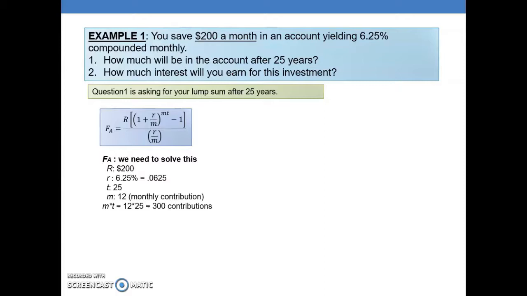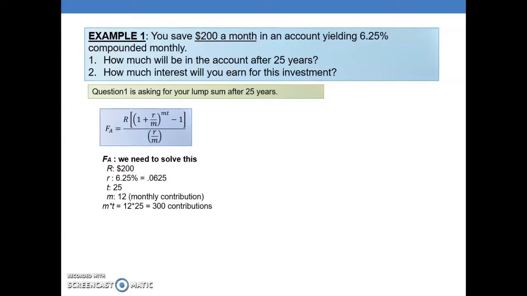So remember, I mentioned this: 6.25 divided by 100 to get the decimal equivalent. It's always divided by 100. And you want to save for 25 years, so that means your T is 25. And since you're contributing every month, that's going to be 12 for your letter M.